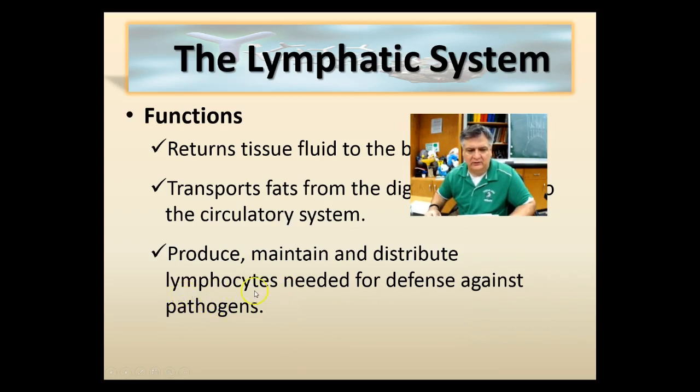So the lymphocytes are major components of the immune system. Remember, I said the immune system is a cellular-based system, and the cells that we're talking about here are primarily lymphocytes. Okay? So the lymphatic system is where those lymphocytes are produced, where they are maintained, and where they are distributed throughout the body from.